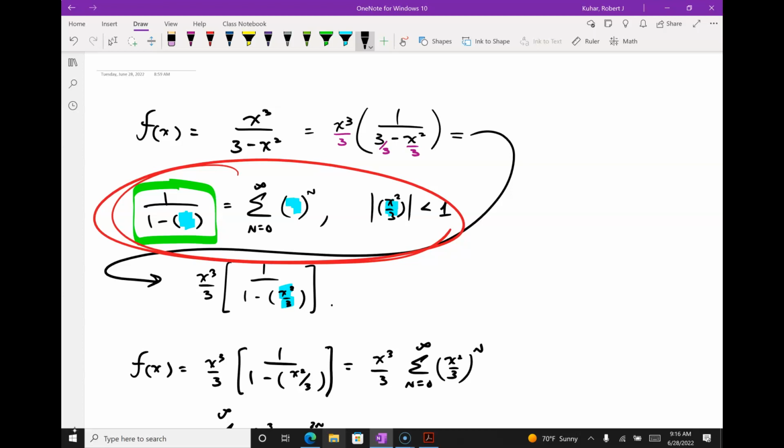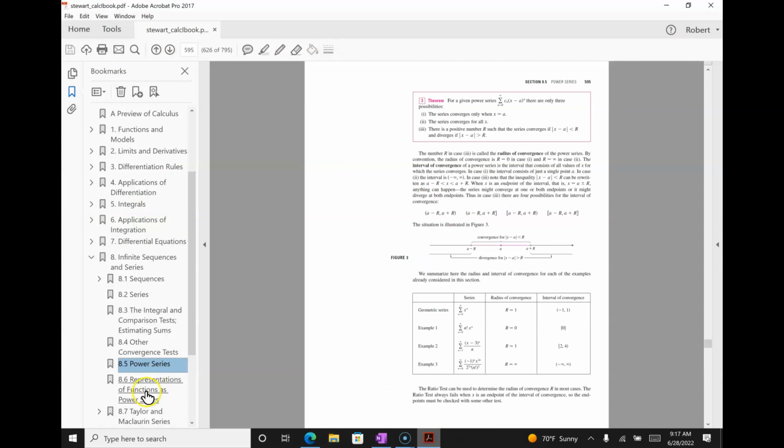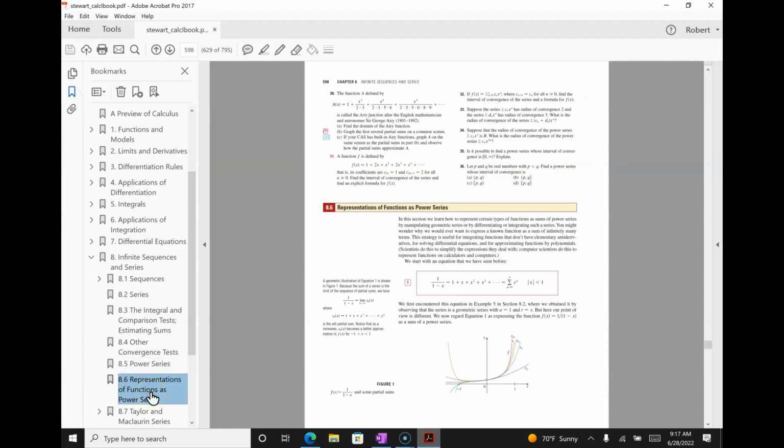So let's just do one more power series representation where I have to do either a derivative or an integral. And there's one in there where you have to do it twice. Typically, I'll put one like that on the test, so make sure you do that one.